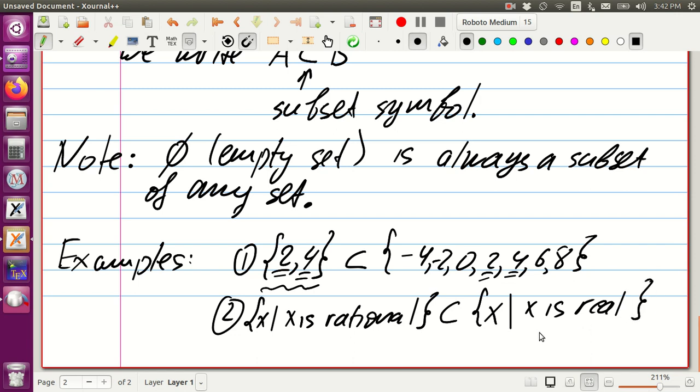Because that's how we build real numbers. We took rationals and irrationals together. So the set Q is always a subset of R. All right.